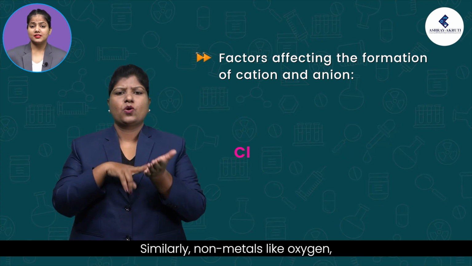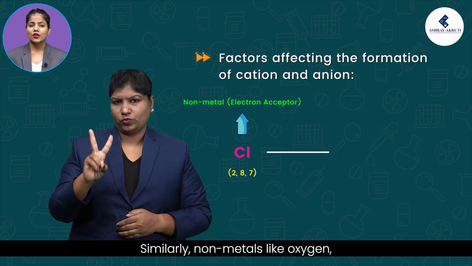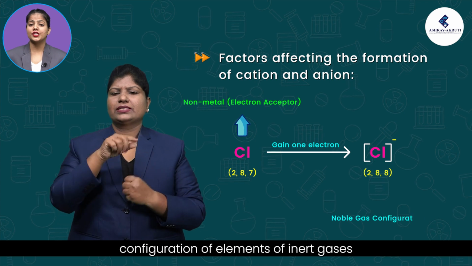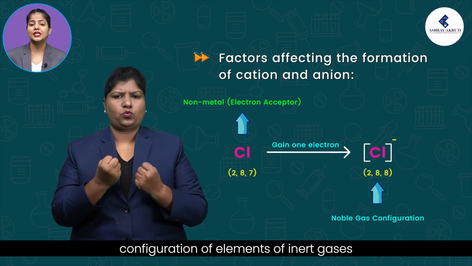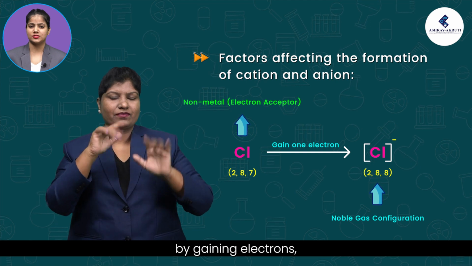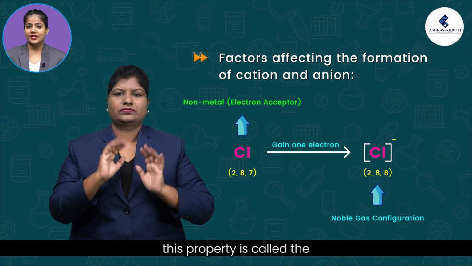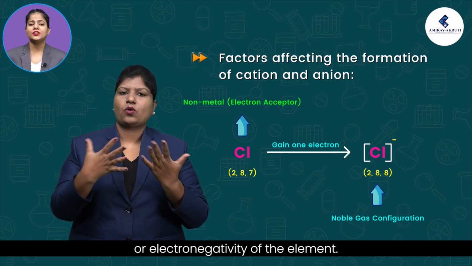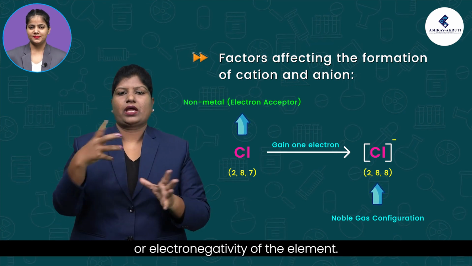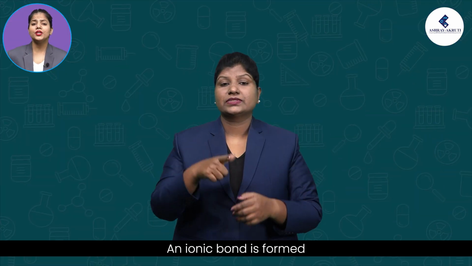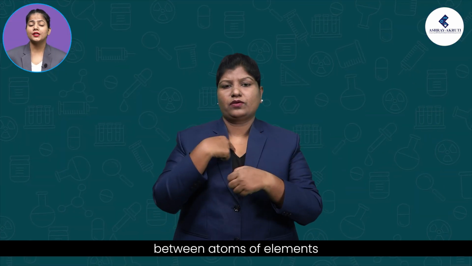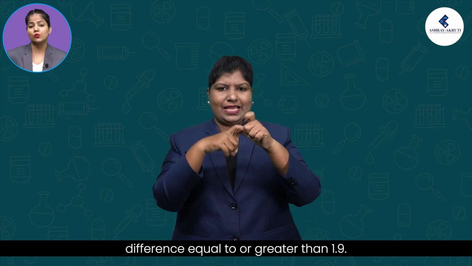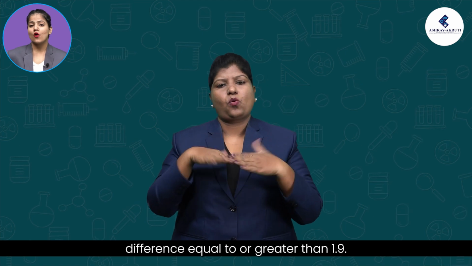Similarly, nonmetals like oxygen, fluorine and chlorine acquire the electron configuration of inert gases by gaining electrons. This property is called the nonmetallic character or electronegativity of the element. An ionic bond is formed between atoms of elements with electronegativity difference equal to or greater than 1.9.